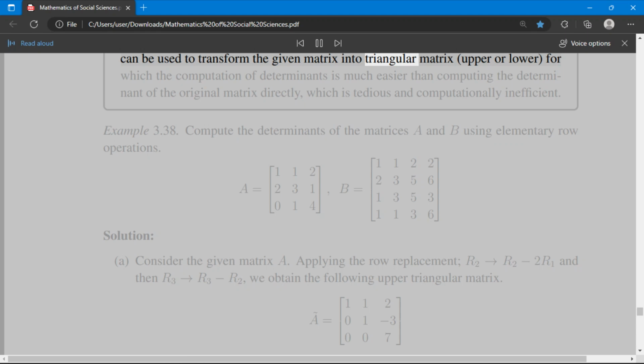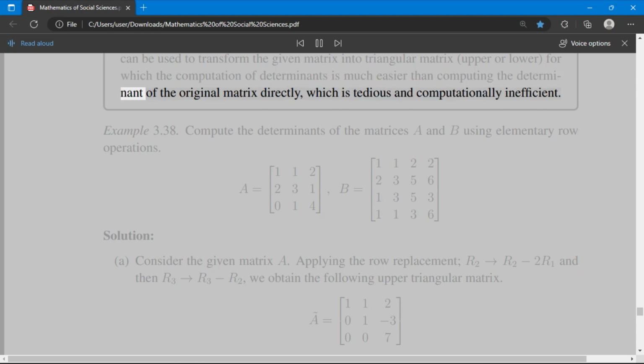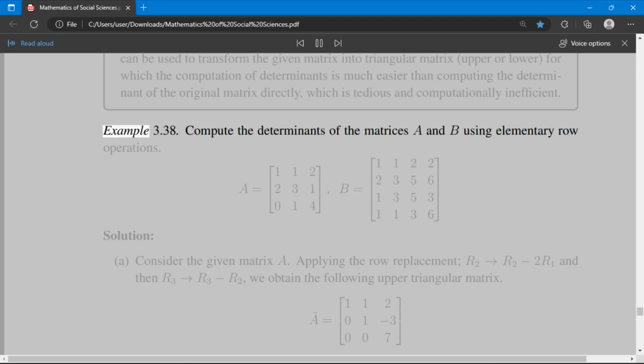This property can be used to transform the given matrix into a triangular matrix, upper or lower, for which the computation of the determinant is much easier than computing the determinant of the original matrix directly, which is tedious and computationally inefficient.